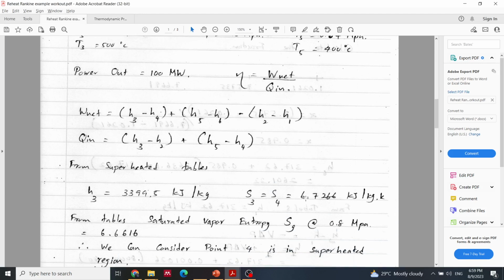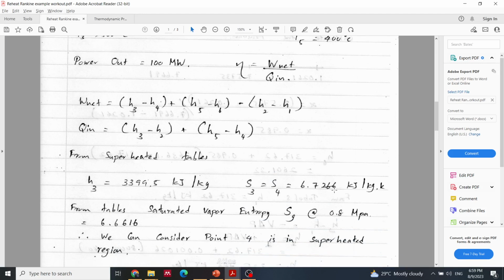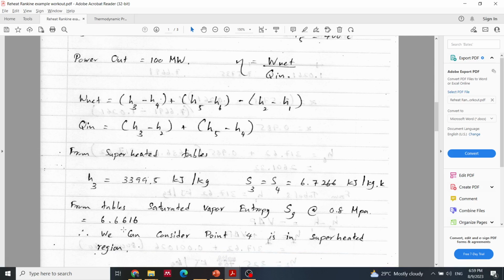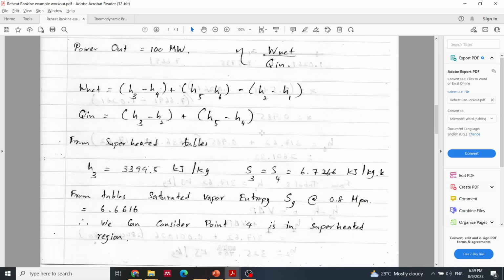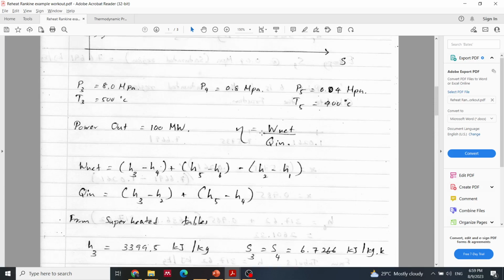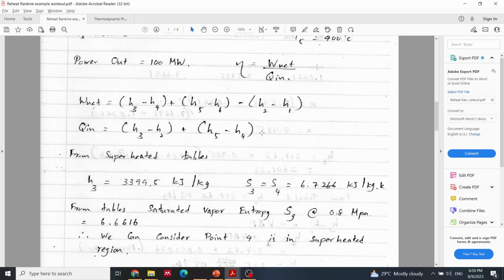S4 is 6.72, and the saturated value is 6.66. That means this is 6.66 and this is 6.7, so number 4 is in the superheated region. That is what is given here.